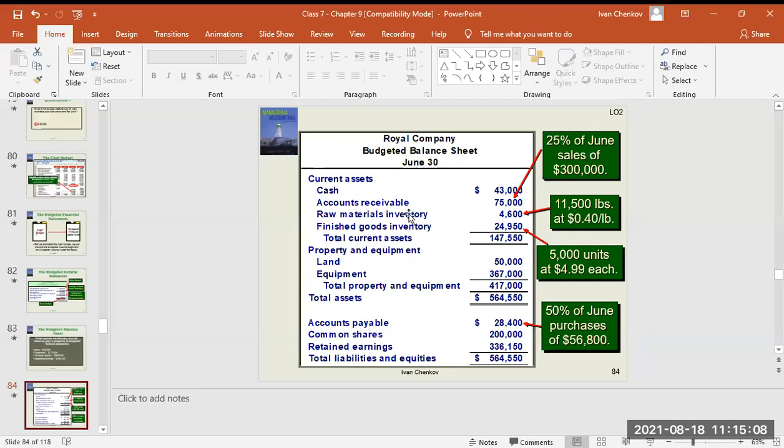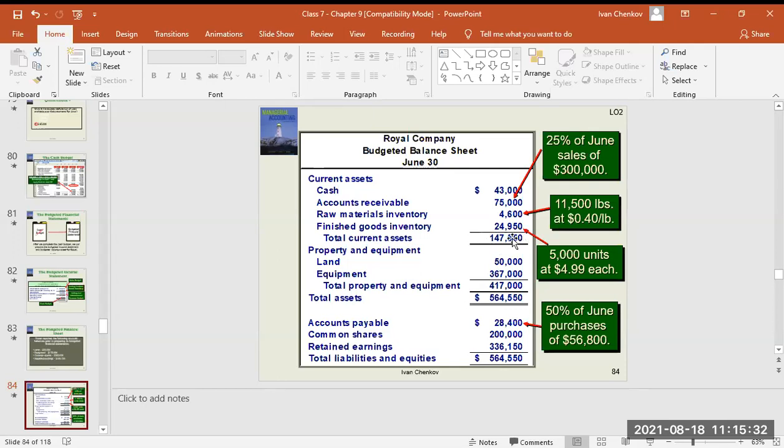Next thing. Raw material inventory. I already know that I have to keep 11,500 pounds, but the cost is 40 cents per pound. So that's how much it is. On the finished goods, we already calculated this number. 5,000 units, cost per unit is $499. I'm coming up with the finished goods inventory.